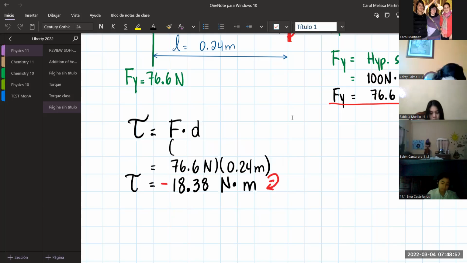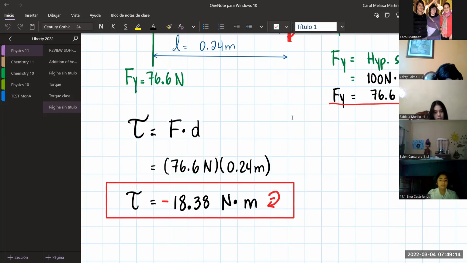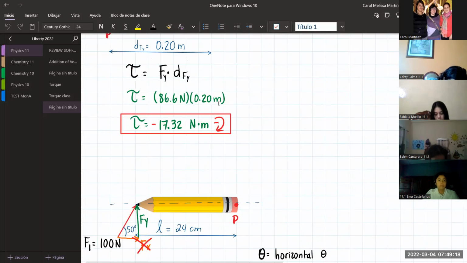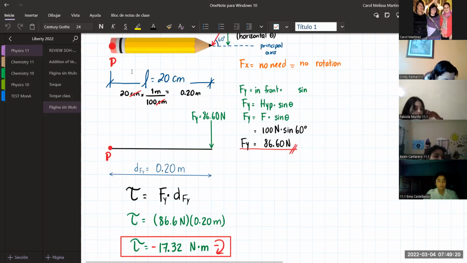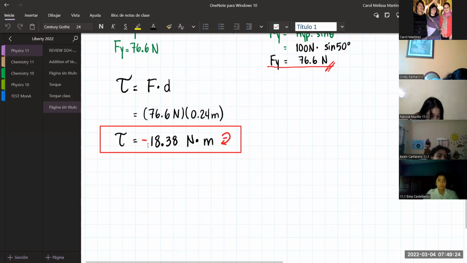So in conclusion, anytime you see torque with an angle, get the components and apply the same old formula that we have been using for torque. Remember, don't think that just because a force goes down it has a negative torque and the one that is upward is going to have a positive torque.